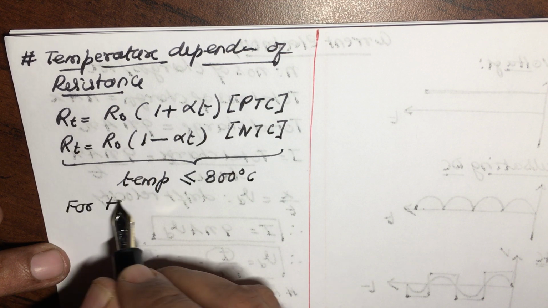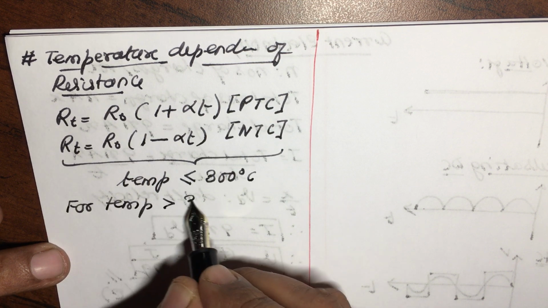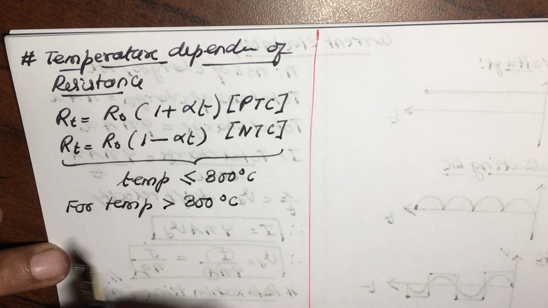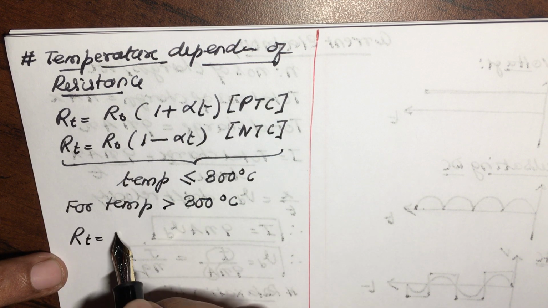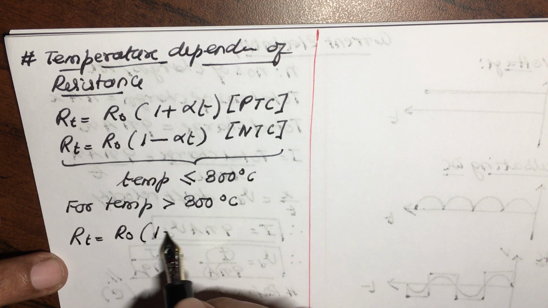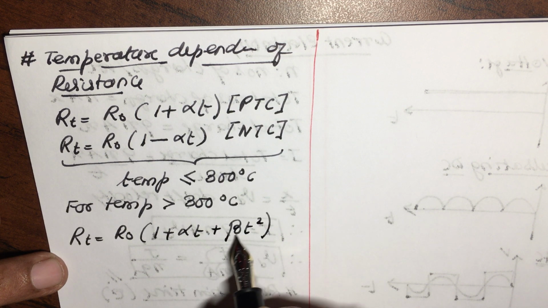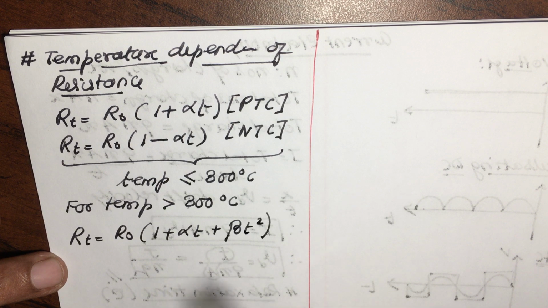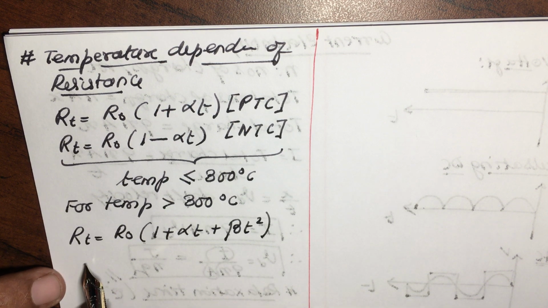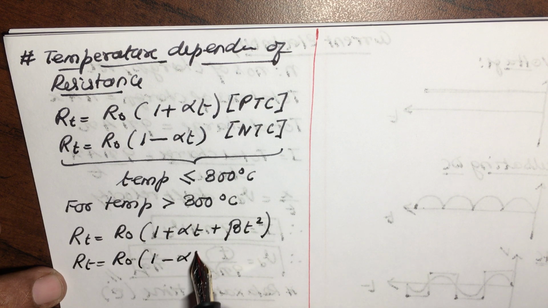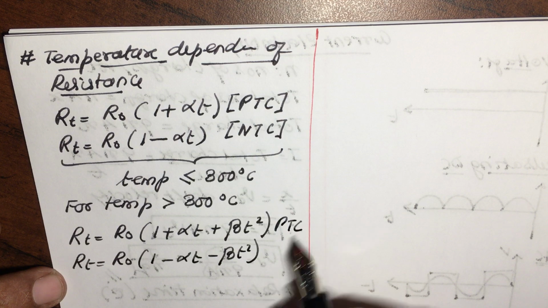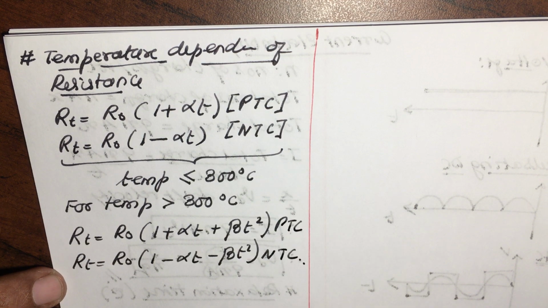For temperature which is greater than 300 degrees Celsius, the RT is R naught 1 plus alpha T plus beta T squared. This is another constant which will be given to you if that case is there. Similarly, RT would be equal to R naught 1 minus alpha T minus BT squared. This is of course for PTC, this is for NTC.